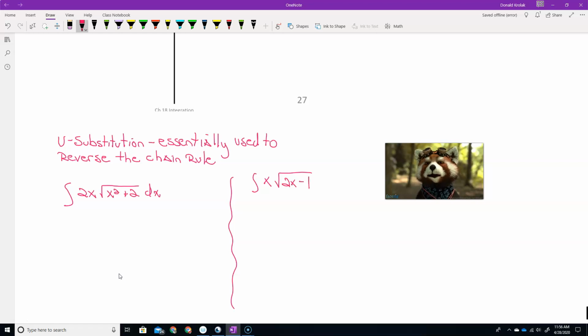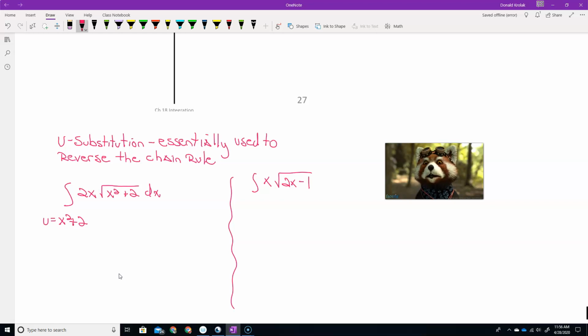One pattern that we noticed last week was a good hint that you're going to use U substitution. In this one, we said we would let u equal x squared plus 2.